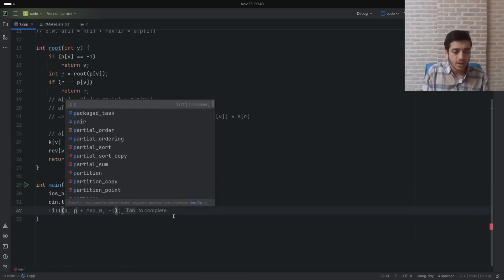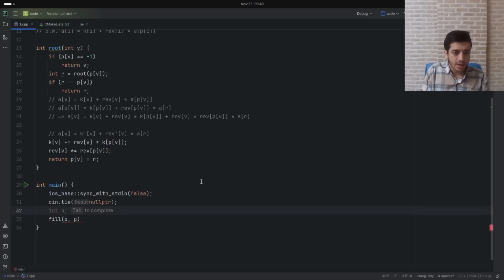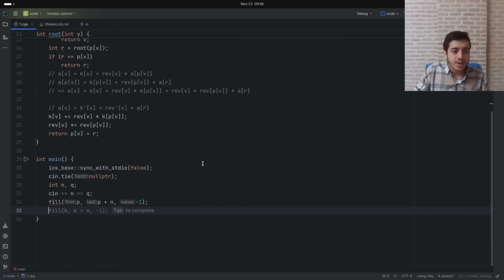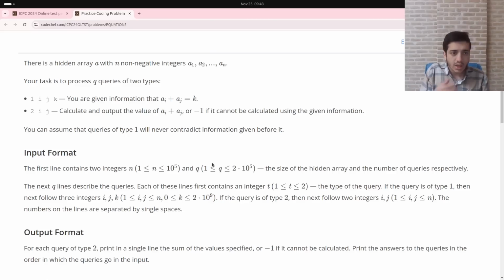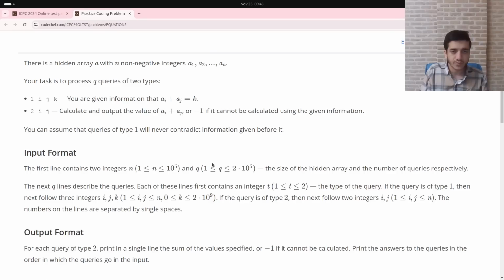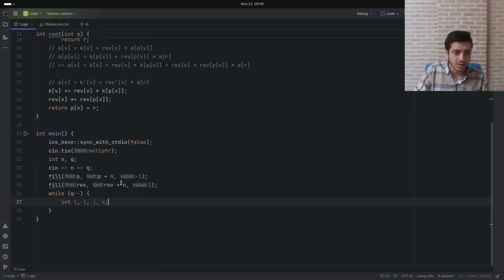So let me start with reading N and Q, and then filling like this, and then filling all rev values to 1, and then reading queries like this, and then T, I, J, K, oh, this K, okay.